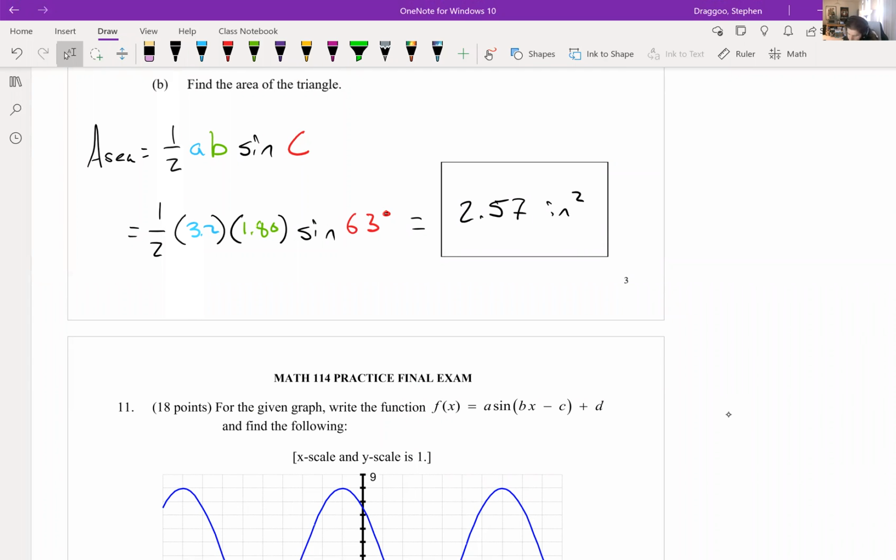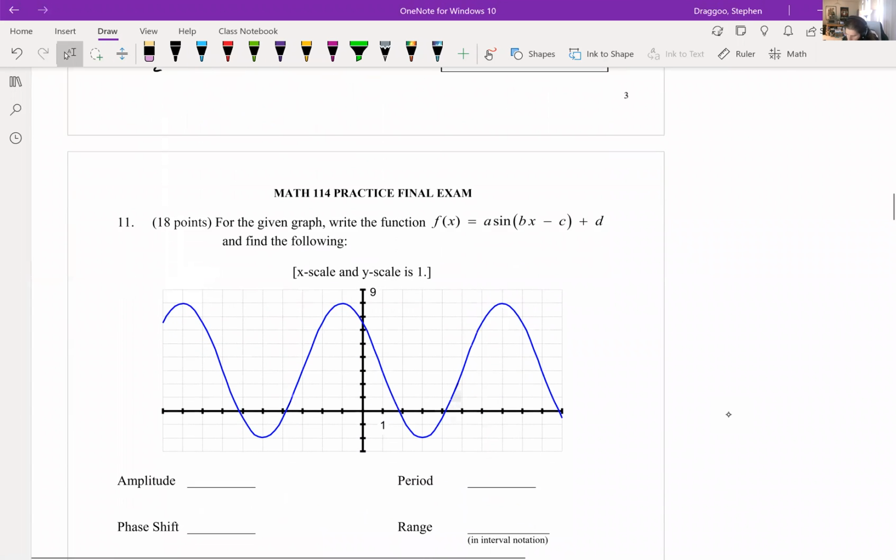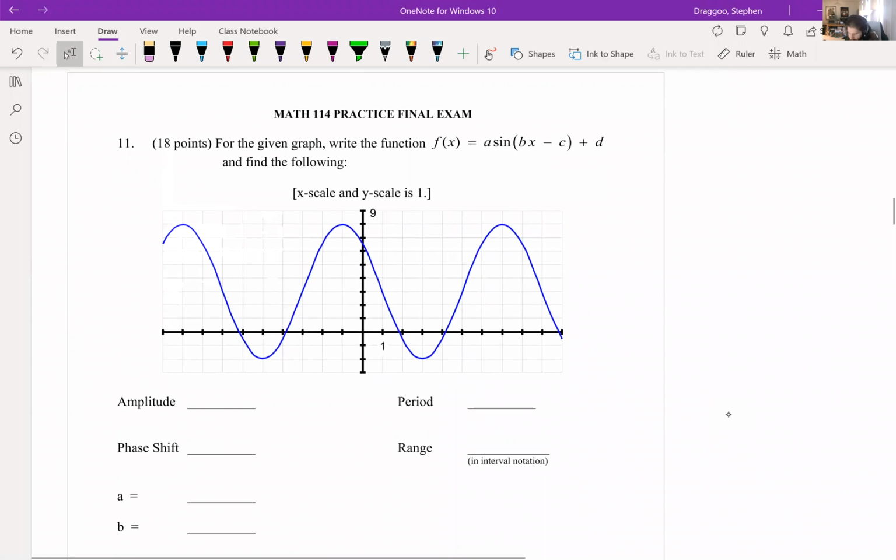All right, on to problem 11. We've got a graph, and we're going to have to figure out what its equation is. So this thing is a sine graph, which is fun, but I guess I'm getting slightly ahead of ourselves. Let's start by grabbing the range.